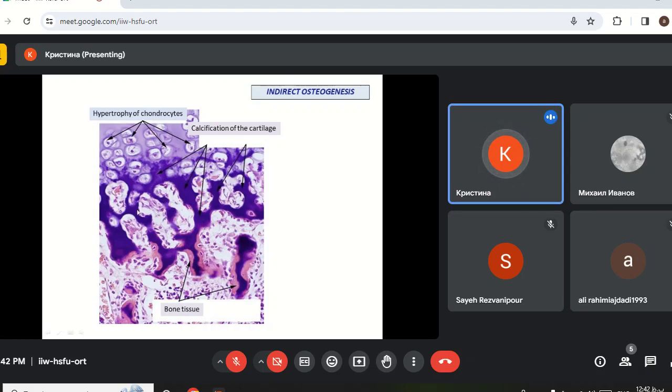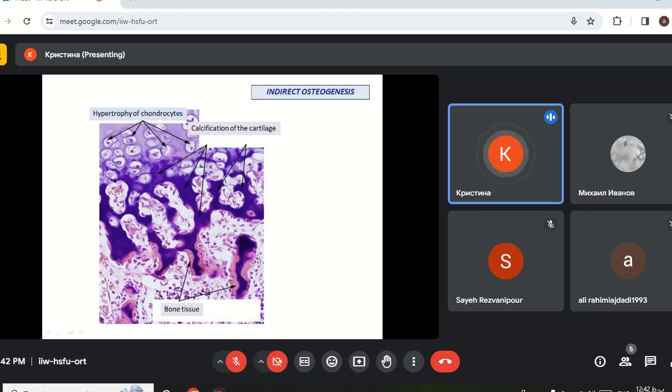In this region we see that our calcified cartilage is already partly broken with the help of osteoclasts, and we can see here these holes inside our cartilage. These holes are bone marrow cavities filled now with mesenchyme and some blood vessels which grow here.